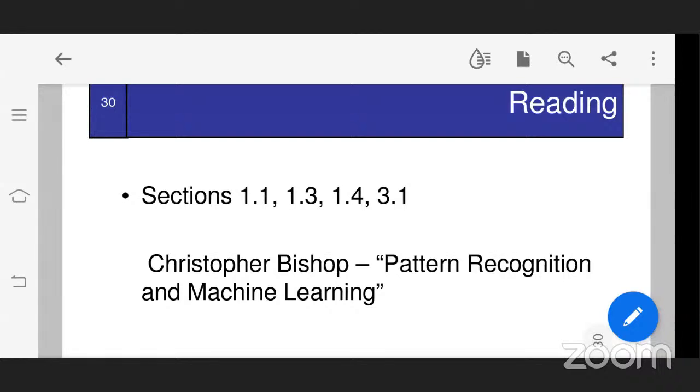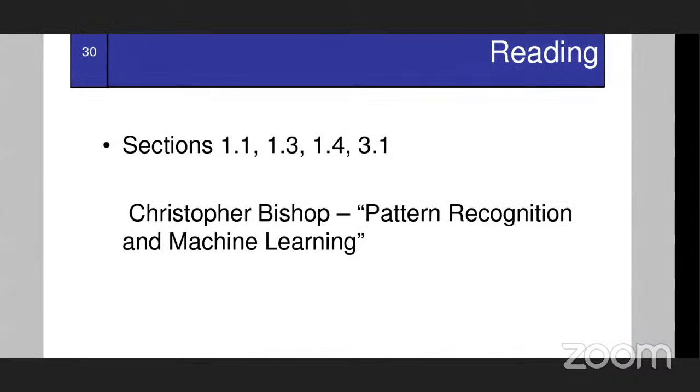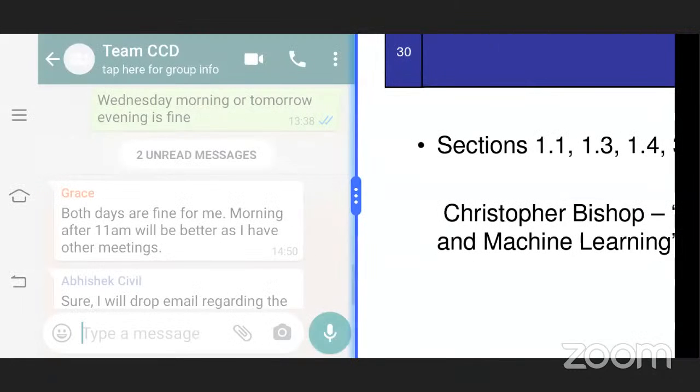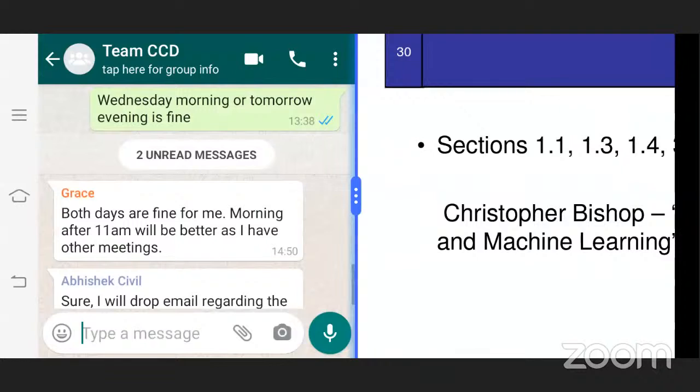The content I've taught can all be seen in these relevant sections. And regarding the earlier talk on classifiers and so on, you can do the Duda and Hart chapter 1 and 2.